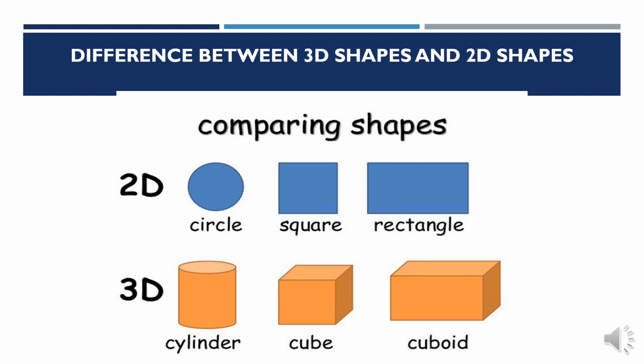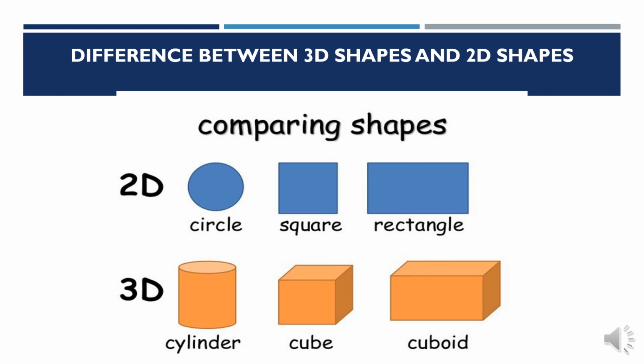A 3D shape has length and width, plus it has height as well, as you can see in the given picture. In the 3D shape, in the cylinder, there is a circle, but the circle is not flat because it has a height, and along with the height, it's making a cylinder.